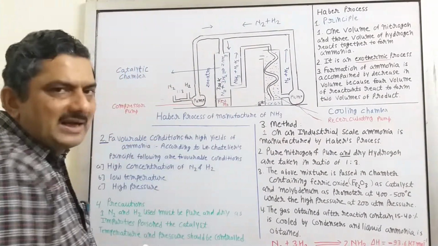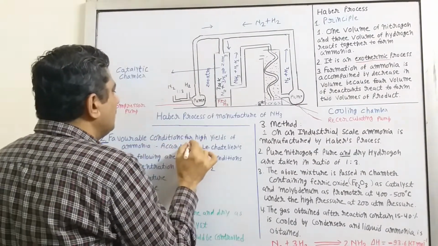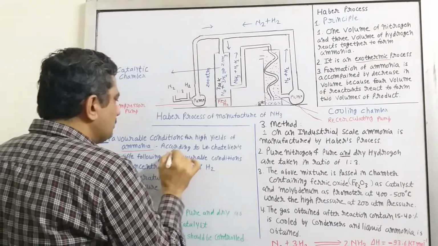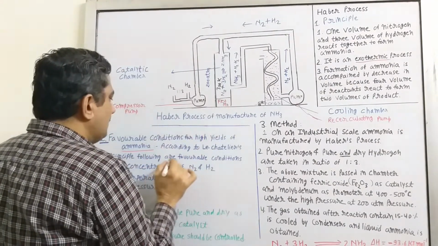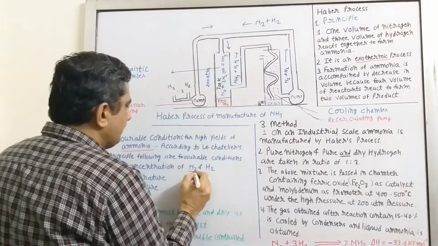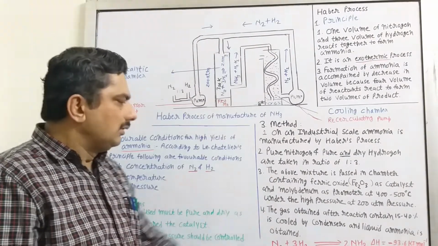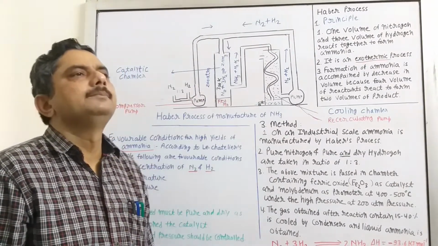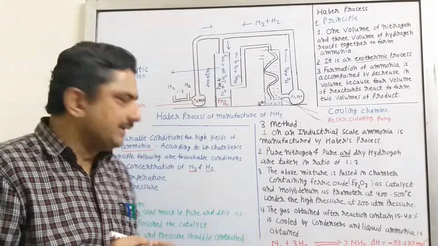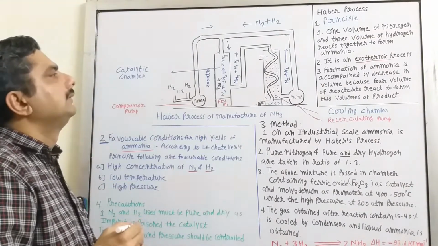Now, second point, we discuss favorable conditions for high yield of ammonia. According to Le Chatelier's principle, the following are favorable conditions. Number 1, high concentration of nitrogen and hydrogen. If you want more ammonia, then the concentration of nitrogen and hydrogen should be high. Number 2, low temperature.